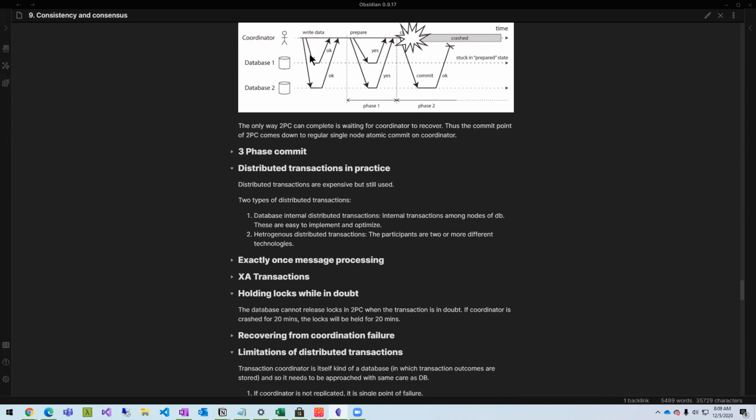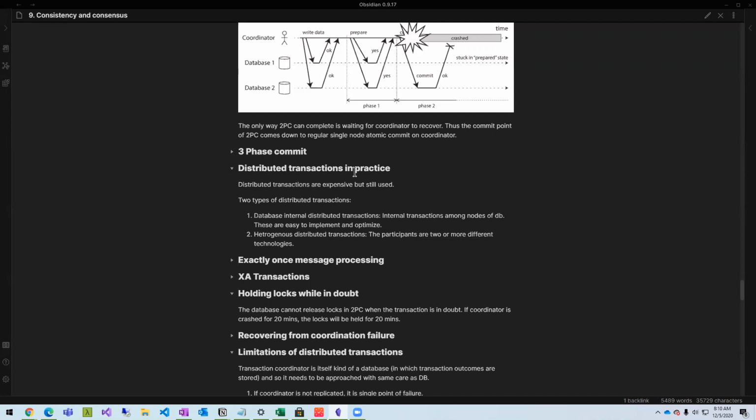Then the application says take a lock on row two because I want to do something. But before it takes the lock on row two, another transaction takes a lock on row two, and then that is waiting on row one. So we have two transactions, one waiting on row one and row two here, another also waiting on row one and row two here. So we can end up in a deadlock scenario where the first transaction takes a lock on this row first and another takes a lock on this row first.